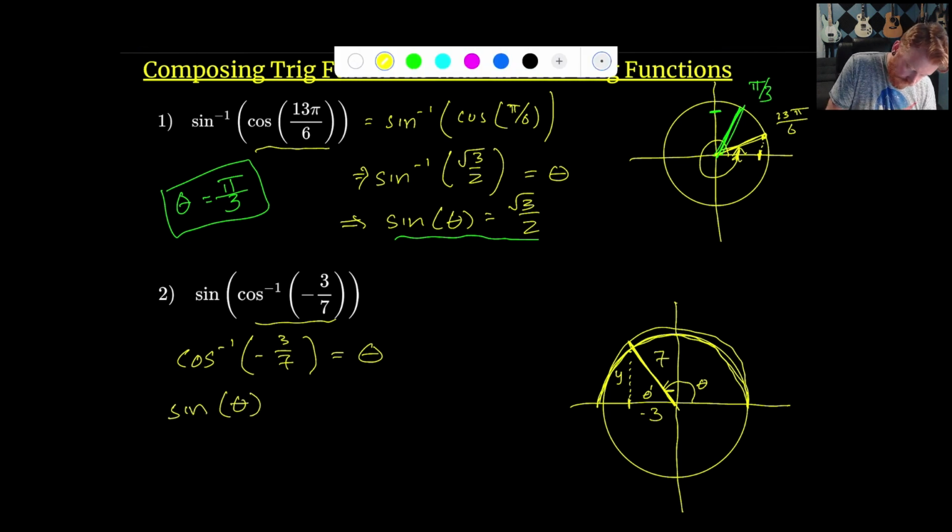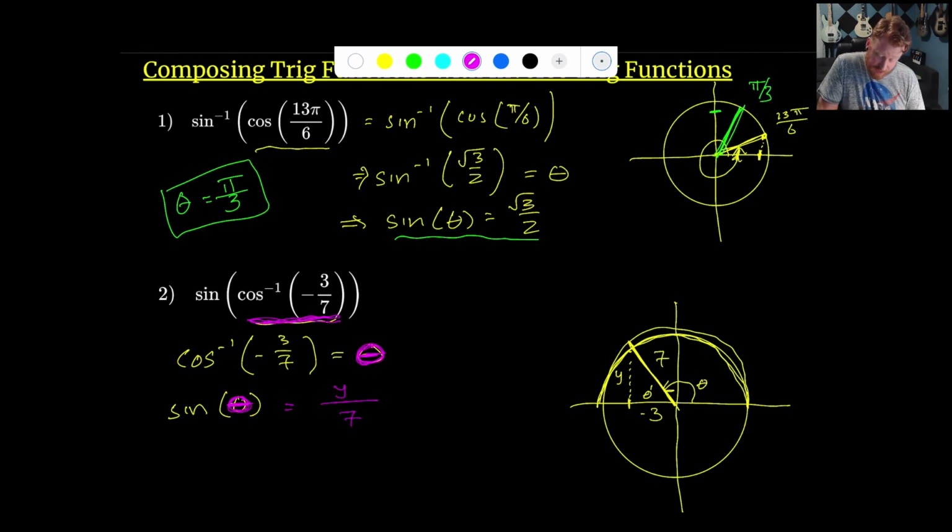I'm looking for this angle theta, which is the same as this angle theta, because all of this was just theta. So I'm just making some substitutions here. So I'm now looking for the sine of theta, which will be the same as the sine of theta prime here. So here I'm looking for the opposite, which is y, over the hypotenuse, which is 7.